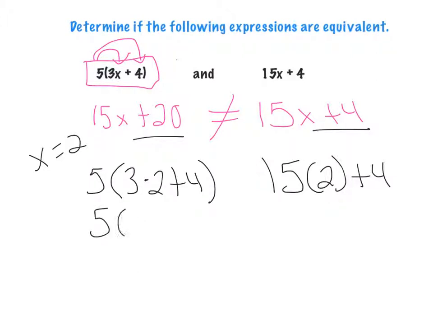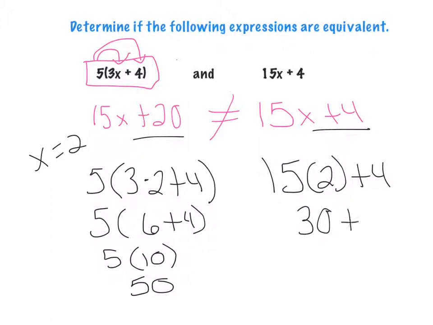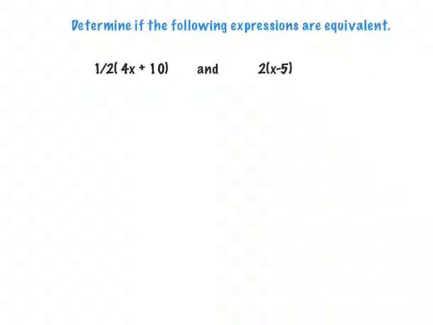Take care of your parentheses first. 3 times 2 is 6. We still have parentheses, so 6 plus 4 is 10. 5 times 10 is 50. On this side, order of operations would be multiplication. 15 times 2 is 30, plus 4 is 34. So I can say 50 is not equal to 34. So it's not equivalent. Let's complete one more example problem together before you try the next two on your own.